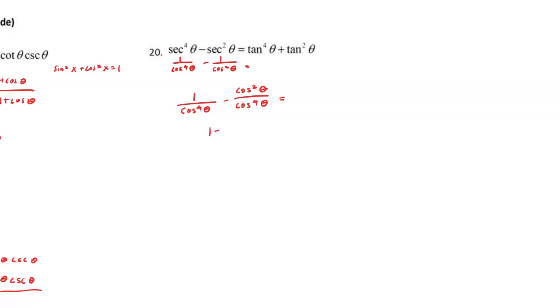And then I have 1 minus cosine squared theta over cosine to the 4th theta. And then I think to myself, hey, tangents are made up of a sine in the numerator and a cosine in the denominator. I'm almost there.